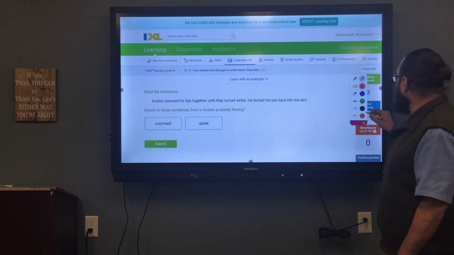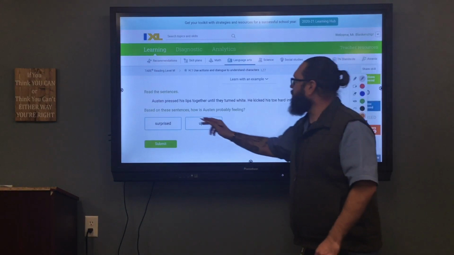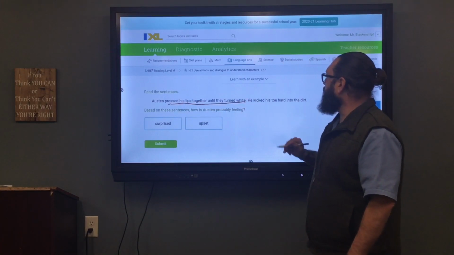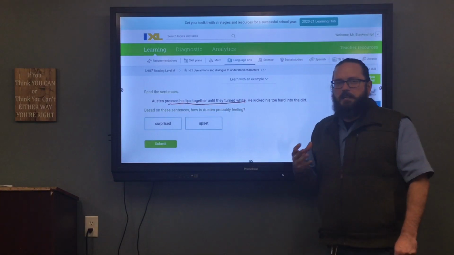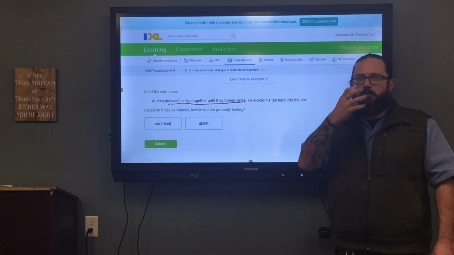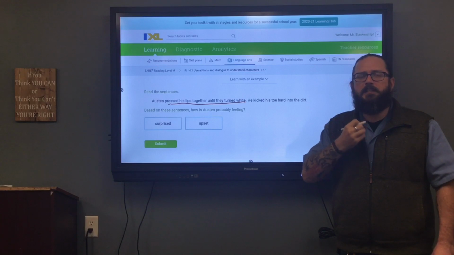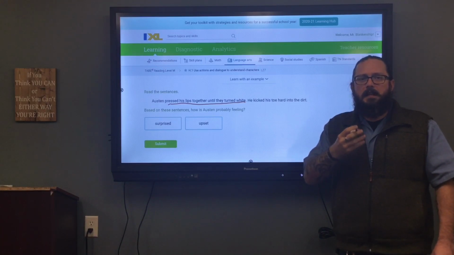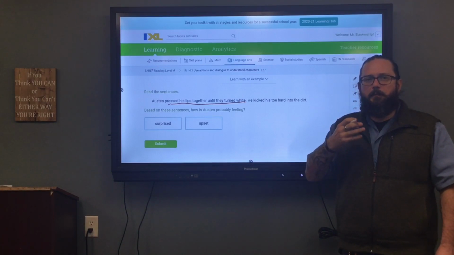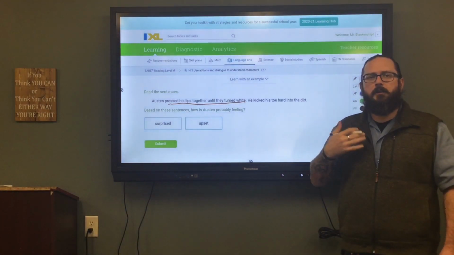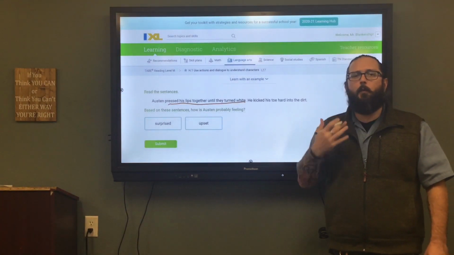Austin pressed his lips together until they turned white. Okay, so we get this sense that he's really just clamping his mouth down. He's clamping his lips together so hard that they're actually changing from their normal pink or flesh color. They're starting to turn more of a white color.